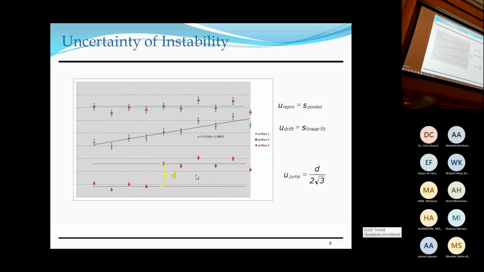So then how do I include the uncertainty for this type of a jump into my proficiency testing uncertainty? Well, by rectangular distribution, you should try to avoid anything else unless you have very good reason to use something else. You should use a rectangular distribution. So it's the half jump divided by the square root of 3.